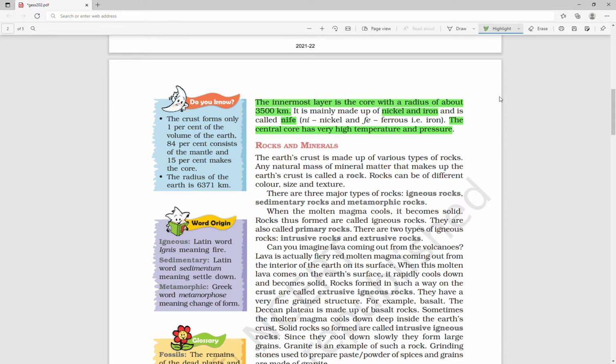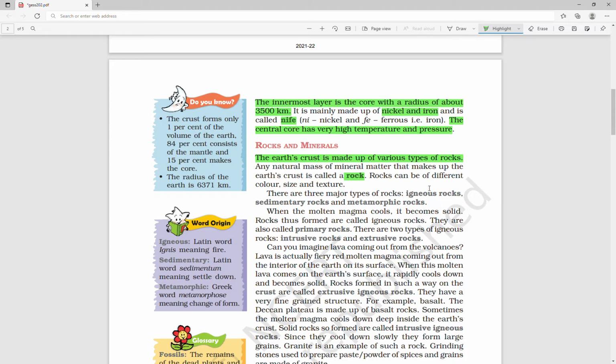The Earth's crust is made up of various types of rock. Any natural mass of mineral matter that makes up the Earth's crust is called a rock. Underline this. Oops, gone wrong. The Earth's crust is made up of various types of rocks.